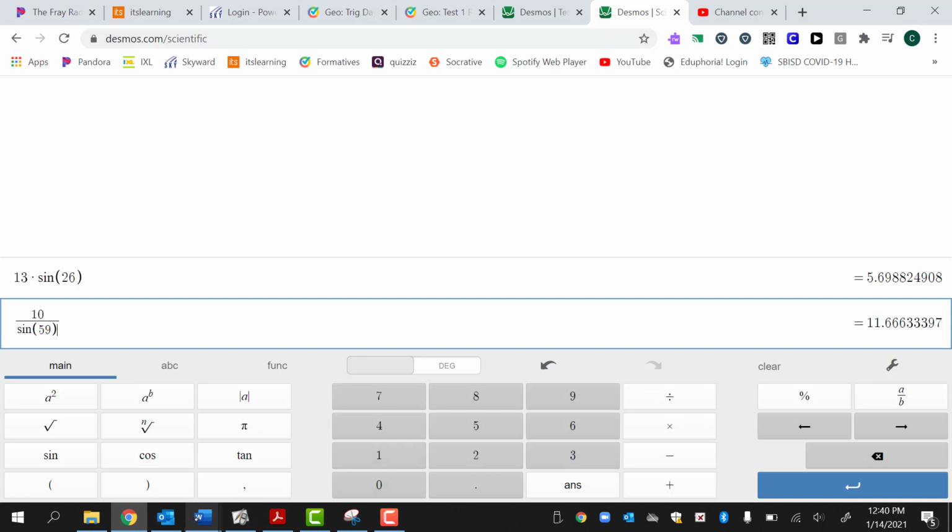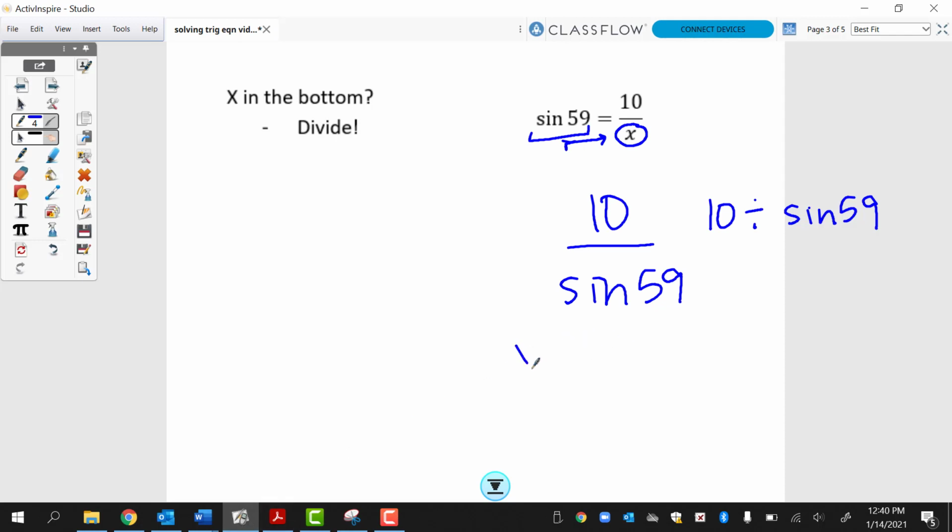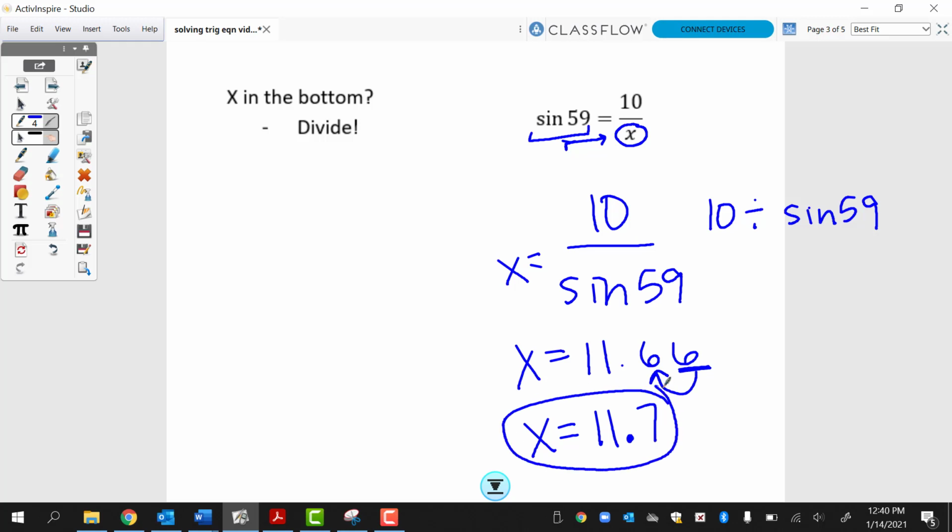We're going to write it down: 11.66. I look at the last number. Does it make this number bigger or keep it the same? Well, 6 makes it bigger. So final answer is 11.7. And we know we would type whatever this says, whether it said sine or cosine or tangent.